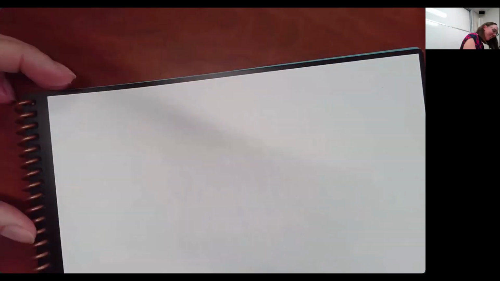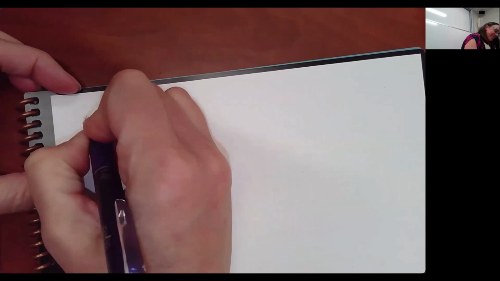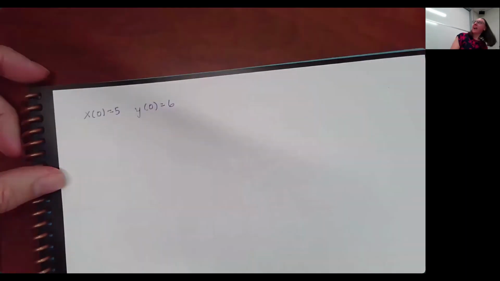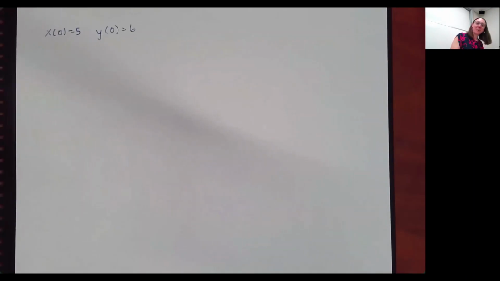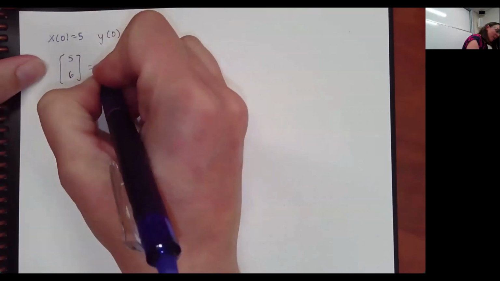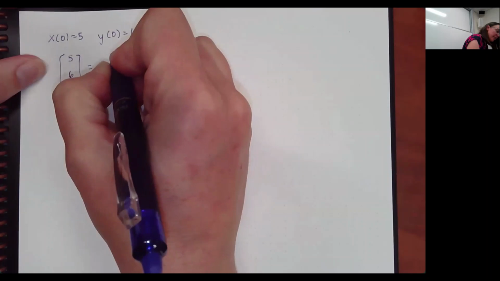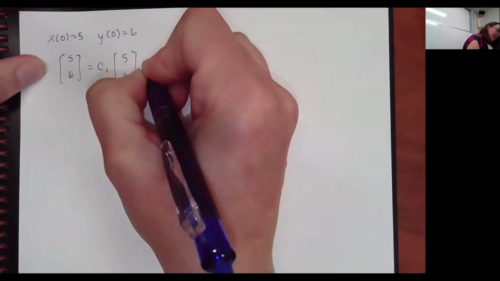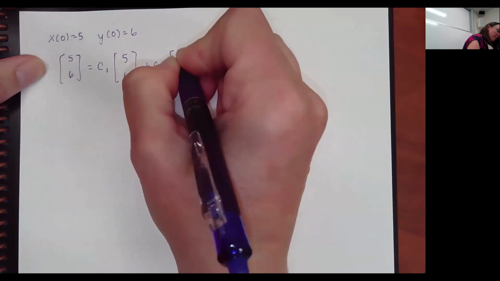Okay. So along our other eigenline, I've got x of 0 is equal to 5, y of 0 is equal to 6. And I'm just going to keep writing that same differential equation over and over again. So our solution, I'm going to have 5, 6 is equal to C1 times 5, 6, and C2 times 1, -1.